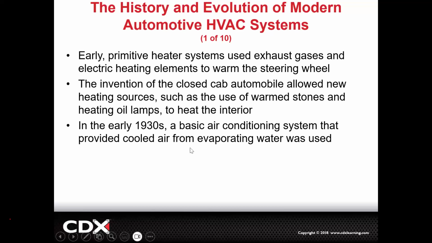So we started looking at warmed stones, heating oil lamps. I mean, does this sound scary or is this just me? You can have a bunch of hot stones right there to warm your hands. That's how we used to dry our gloves when I was a kid when we came out of the snow. You'd put your gloves on the radiator or the boiler, depending on how you're heating your house, right? That was some janky stuff right there. That's how they used to do it. Imagine going around with a heating oil lamp.